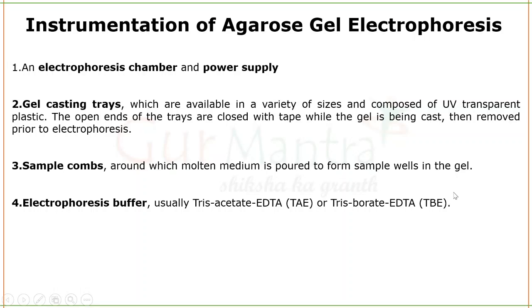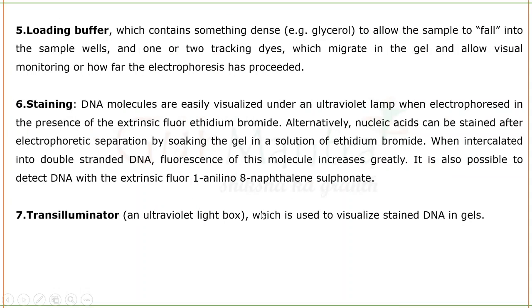These types of questions they will definitely ask you in your PhD interviews. Like, what is the buffer you will be using in agarose gel electrophoresis? You should be able to say TAE and TBE. And the next question will be, what is the full form of TAE? You should know Tris acetate EDTA, and Tris borate EDTA. EDTA is ethylene diamine tetraacetate.